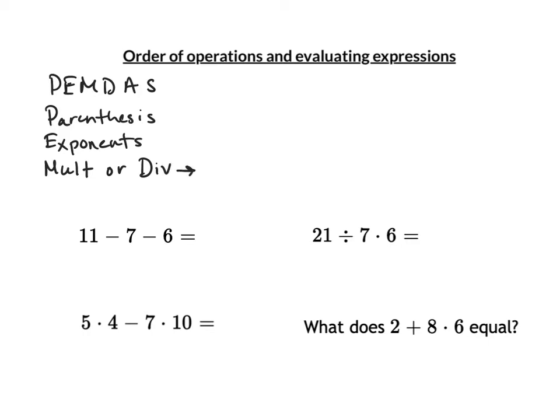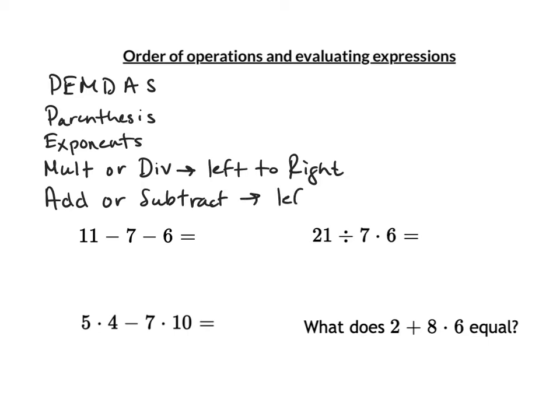You have to know to go left to right when you multiply and divide. And then lastly, A and S are add or subtract. And then again, when you add or subtract, you have to go left to right.